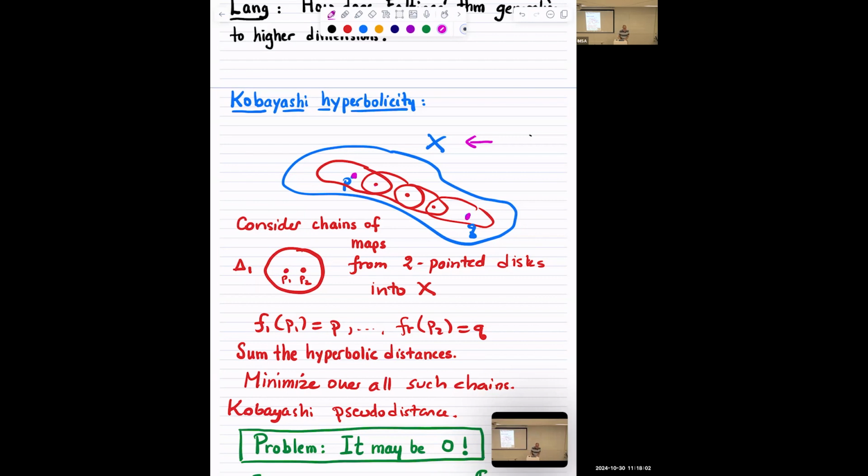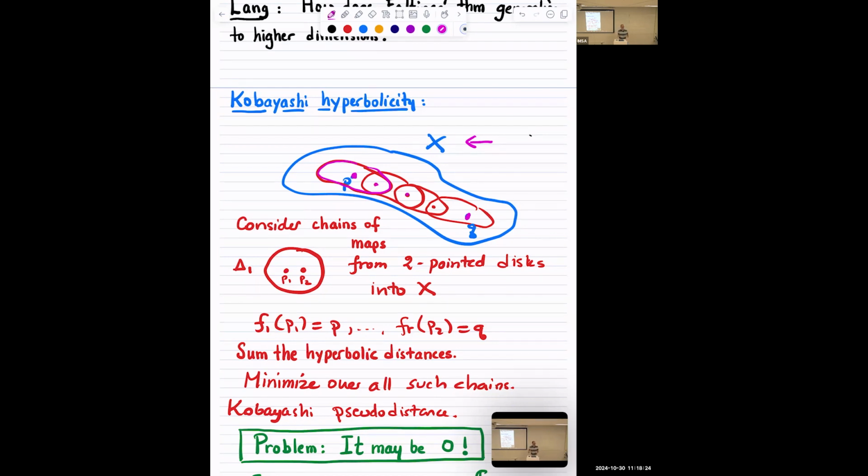What you do is you take 2 pointed disks and start putting them in your manifold. Maybe the first one is this one drawn here in pink, and then the 2 points go to that, and then you take the next one, and the 2 points go to that, and so on and so forth.